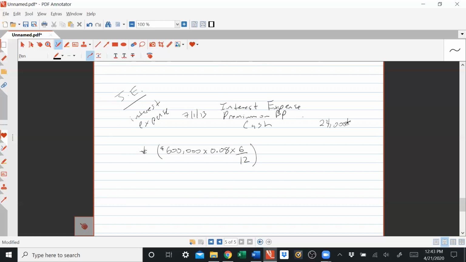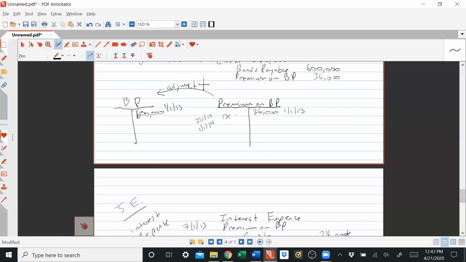We're going to reduce the premium on bond payable account. How much do we reduce the premium on bond payable account? Again, it depends on whether you use the straight line method or the effective interest method.